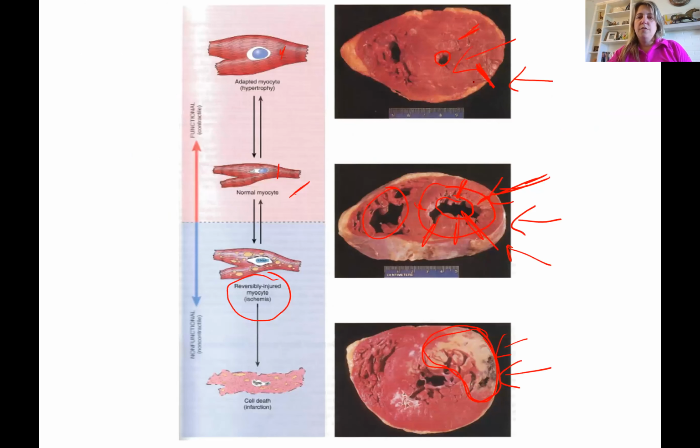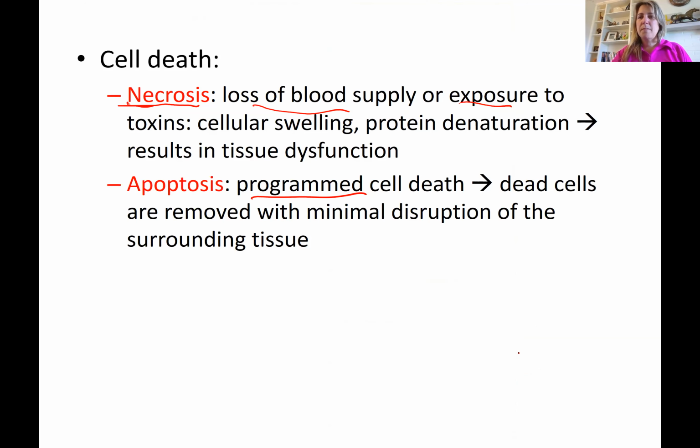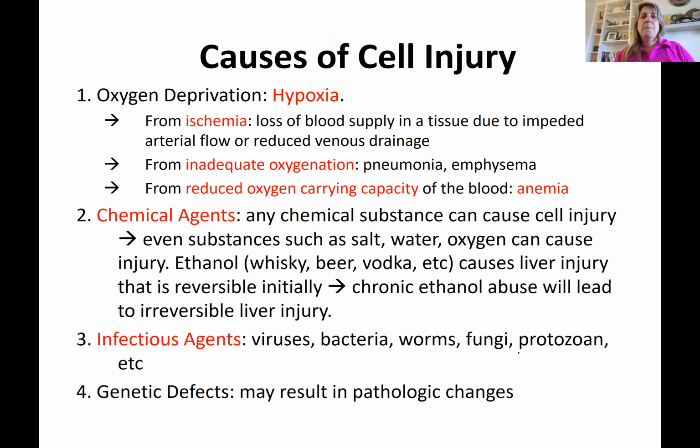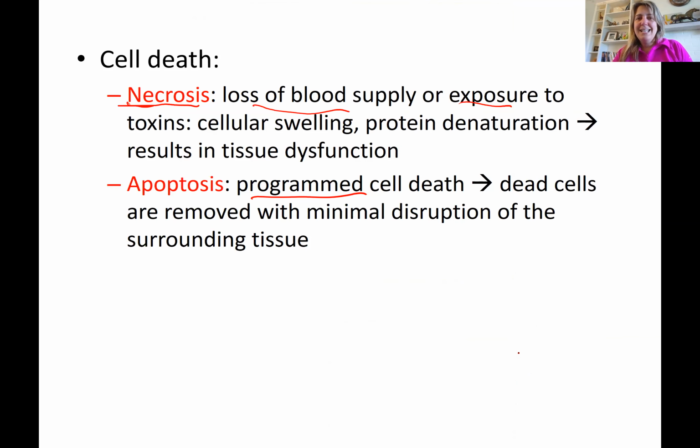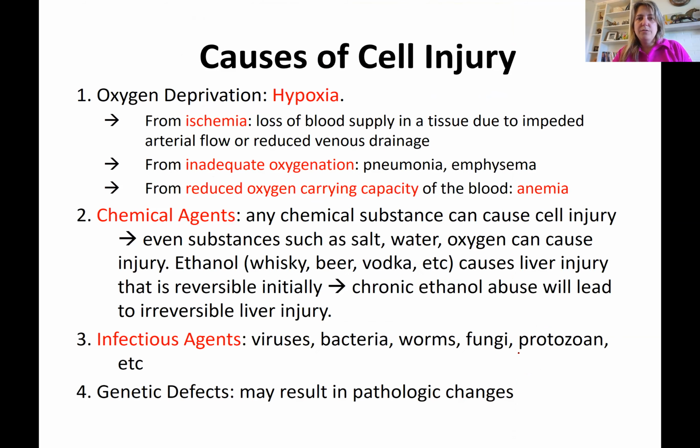Necrosis is when, for example, this guy here is necrosed, okay? And that's cell death that wasn't supposed to happen due to ischemia, which is loss of blood supply, or exposure to toxins, etc. Okay, so those are ways that cells can die.